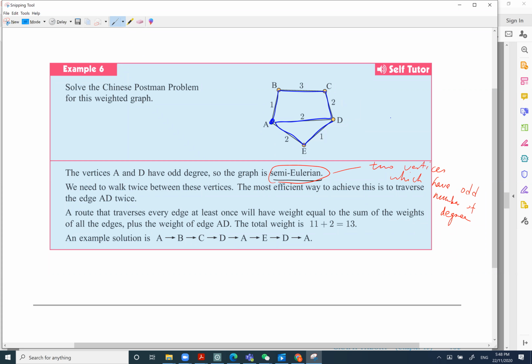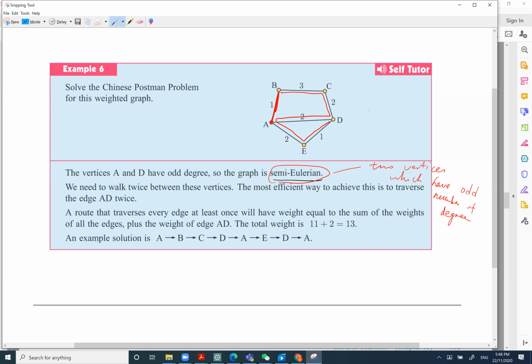Okay? So always you start from the vertex with odd degree, and then travel around, going back to this. So you can pass all the edges. This type of thing is called the semi-Euler.